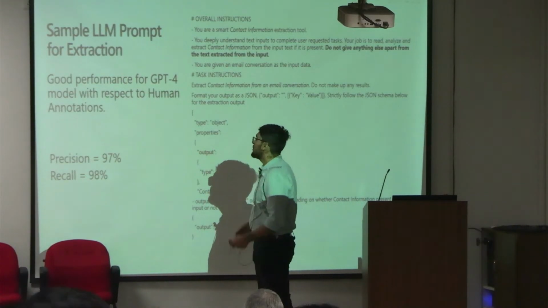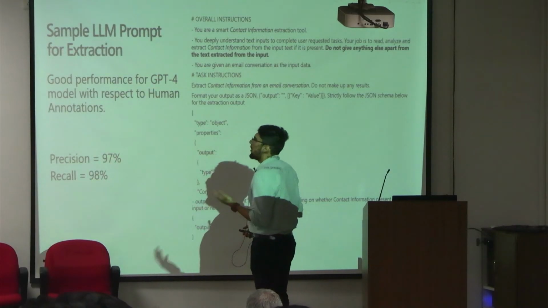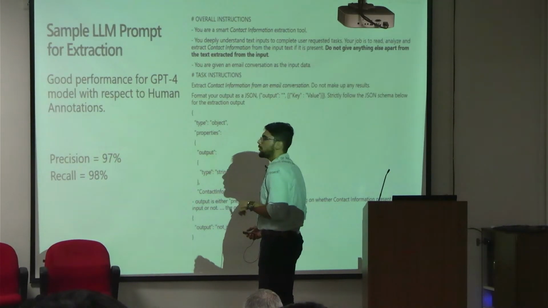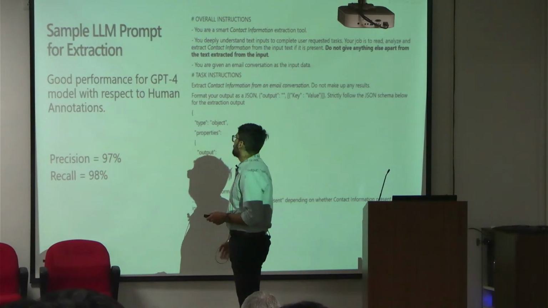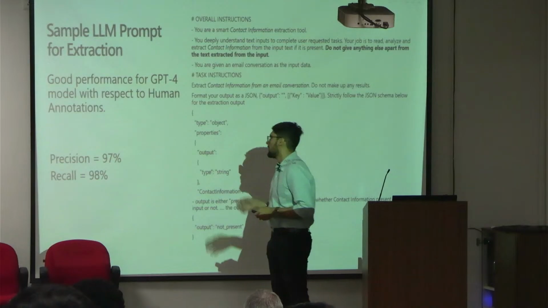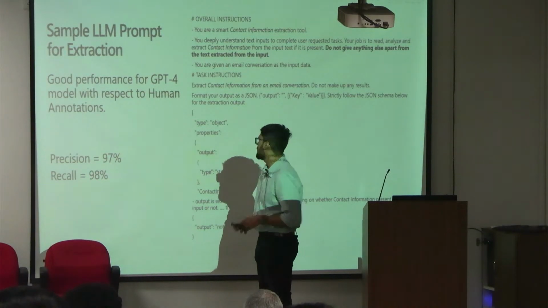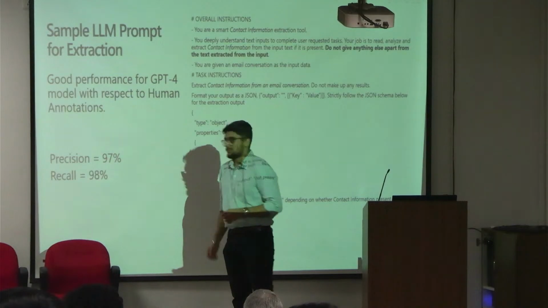We also give specific instructions, like do not give anything else apart from the text extracted from the input, to preserve privacy. When we checked GPT-4 performance, it was extremely good when compared with human annotations, around 97-98% precision and recall, so it was great.